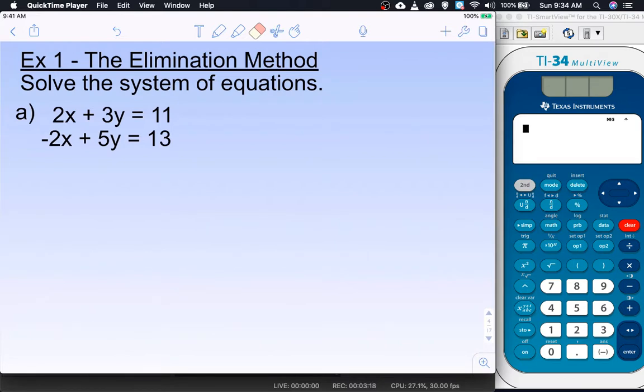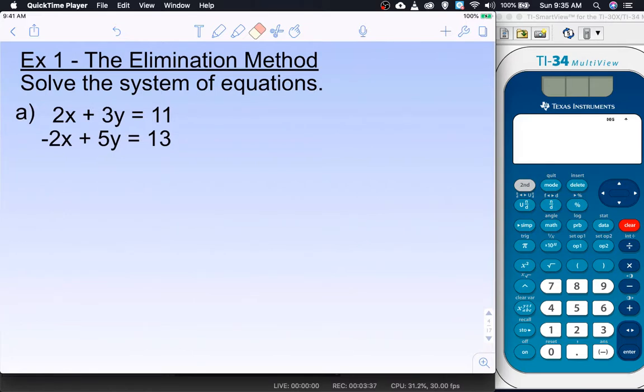There's another method called the substitution method, which I will be showing in a later video, that typically is a little bit harder to do. Not always, but typically. You have to deal a lot more with fractions and decimals and stuff. So most students do prefer this method.